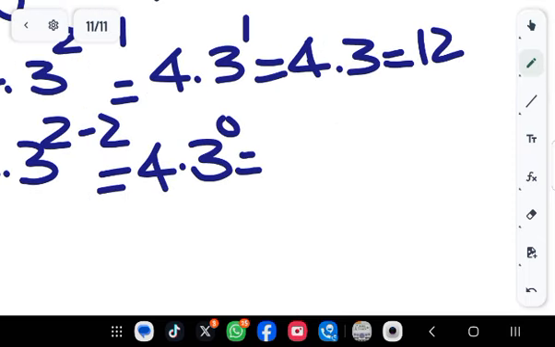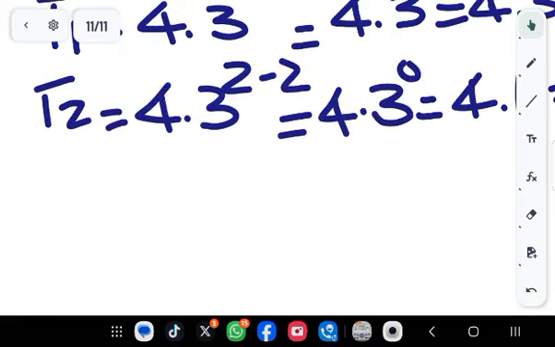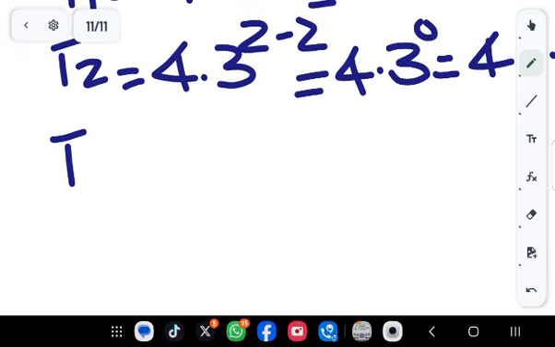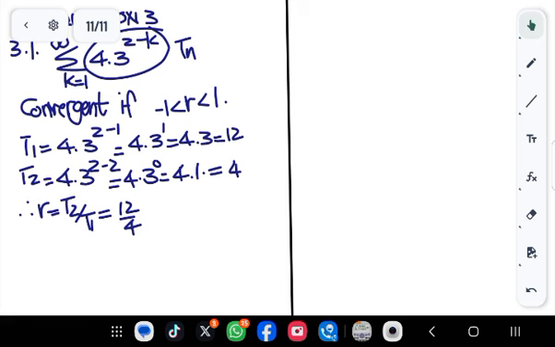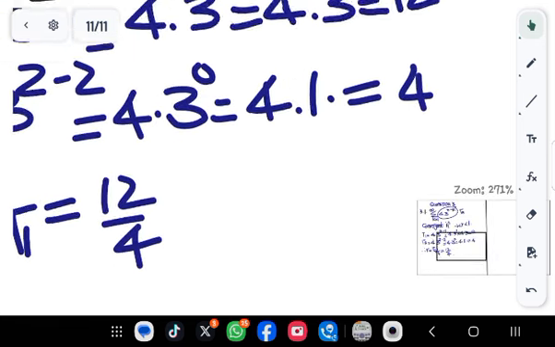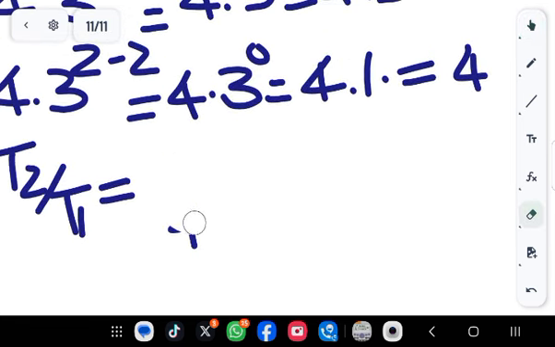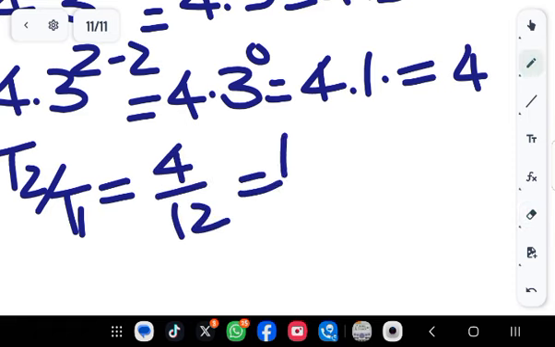Anything to the power of 0 is 1, and that will give us 4. Now to find the constant ratio, all we need are these two terms. The constant ratio r, which is T2 over T1, equals 4 over 12, which gives us 1 over 3.